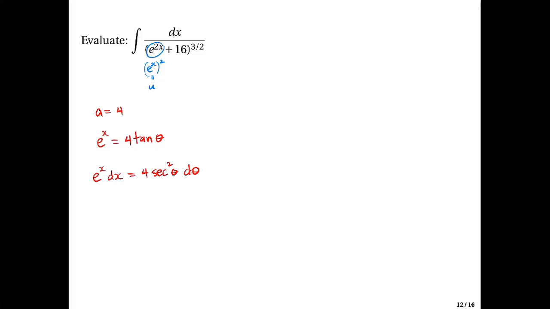But we only need dx, and we have e to the x dx in here. So we can write dx as 4 secant squared theta d theta divided by e to the x, but e to the x, it's 4 tangent theta. So if we simplify this, we'll just have secant squared theta over tangent theta d theta.